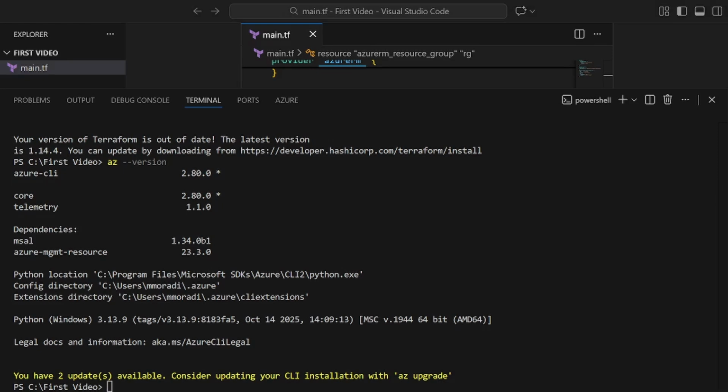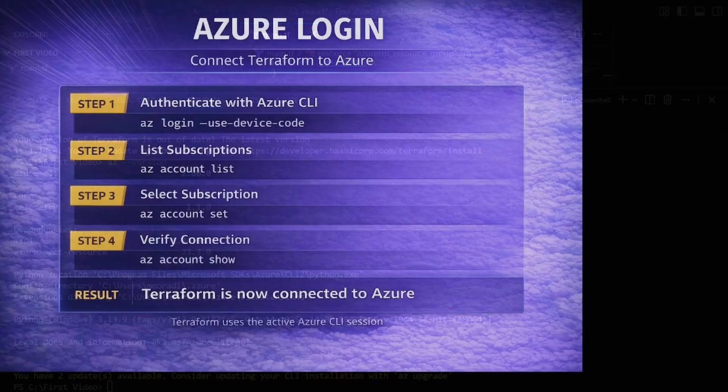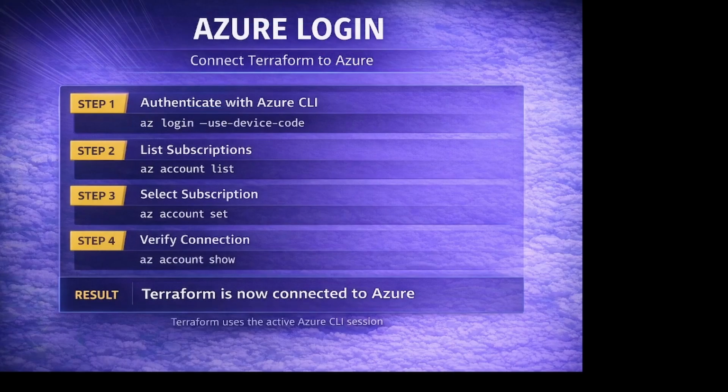Before running Terraform, we need to connect to Azure. So we have 4 steps here that we start with authenticating with Azure CLI and verify our connection at the end.